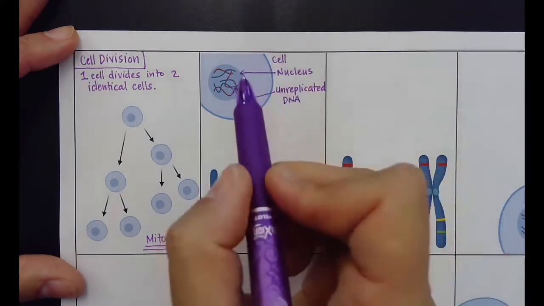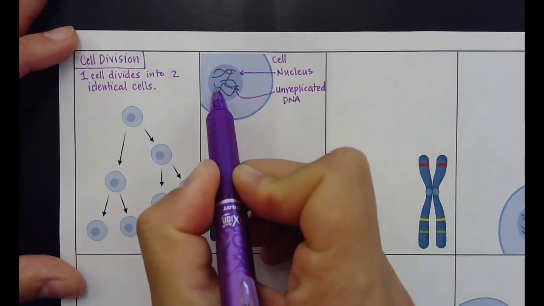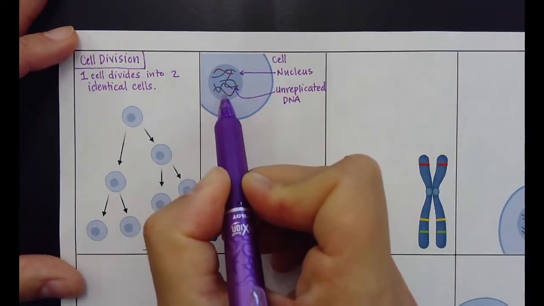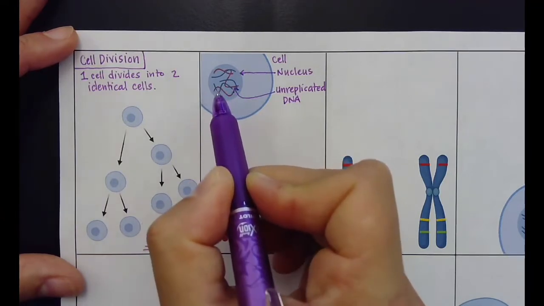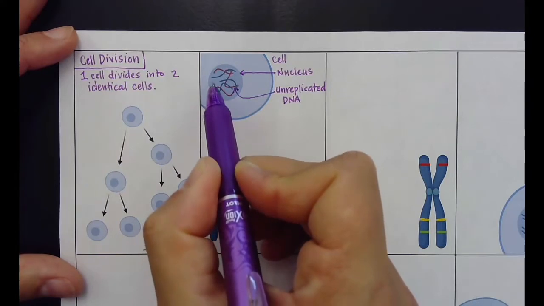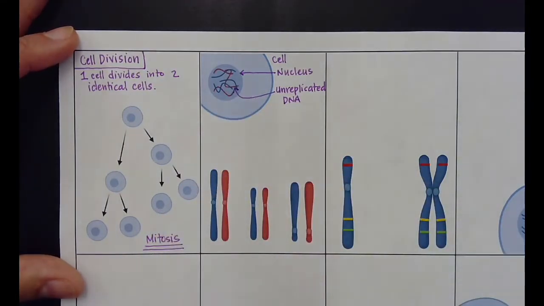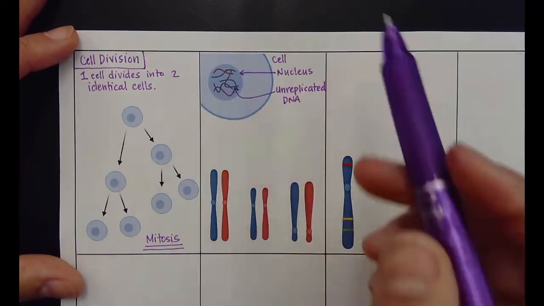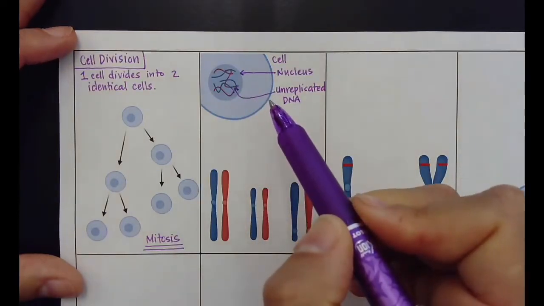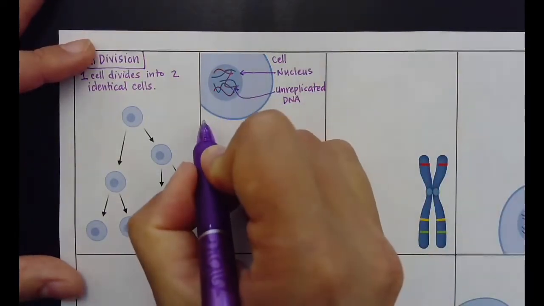And what that means is that each of these chromosomes of DNA is just a single. So you've got this one here, and that would be like your chromosome from mom. And then you've got another one here, and that would be like your chromosome from dad, and they would have the same genes on them, but you only have one copy of the gene from mom and one copy of the gene from dad. So in this cell, we have 3 pairs of chromosomes.